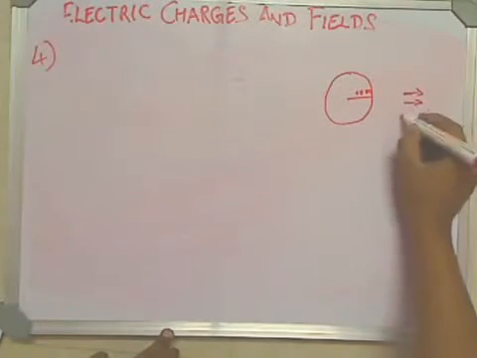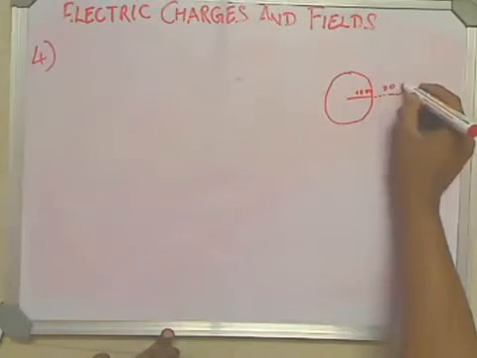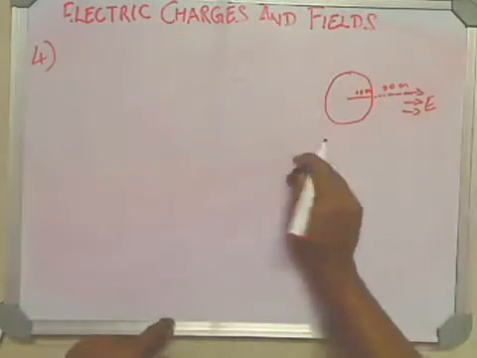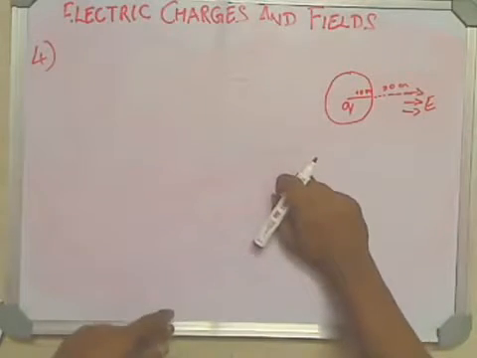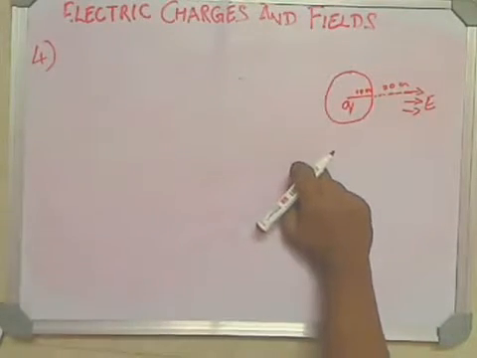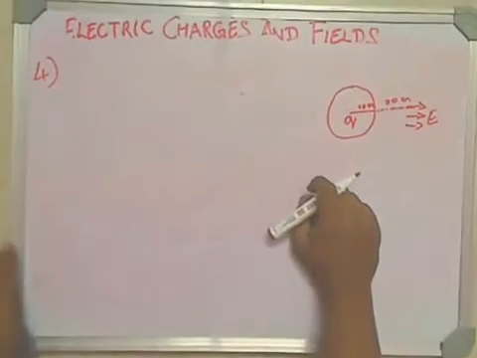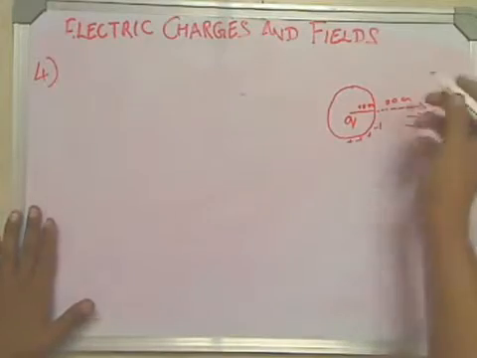From here to here it is 20 centimeters, 10 plus 10. Here you have the electric field, and somewhere here you have the charge. So what you need to find is the net charge on the sphere, that is, how much charge you have all over the sphere.